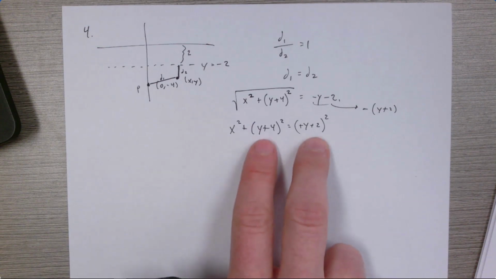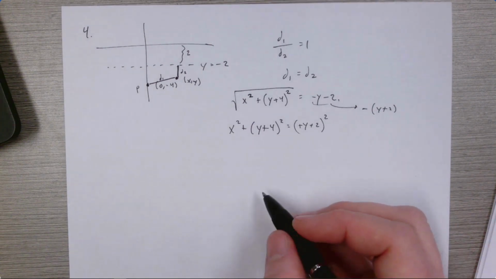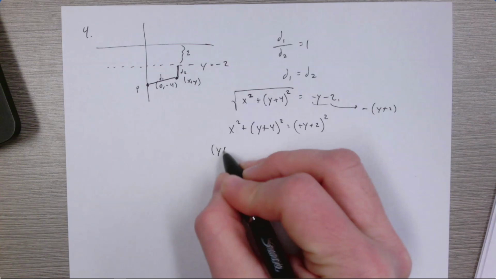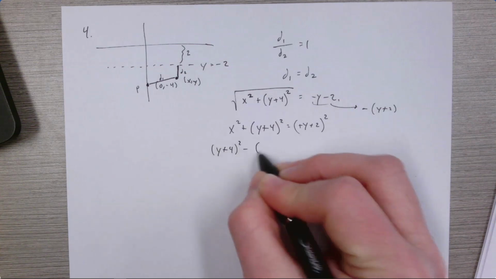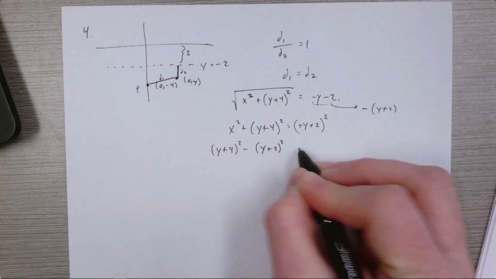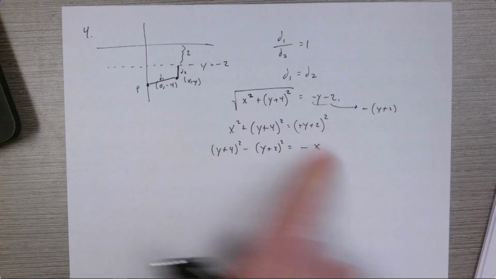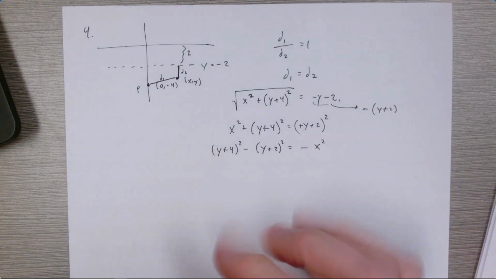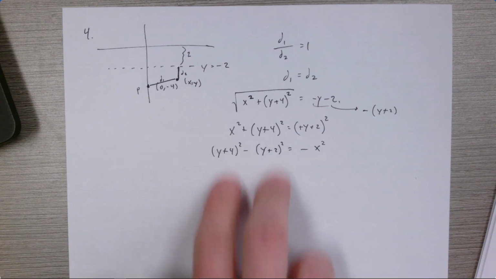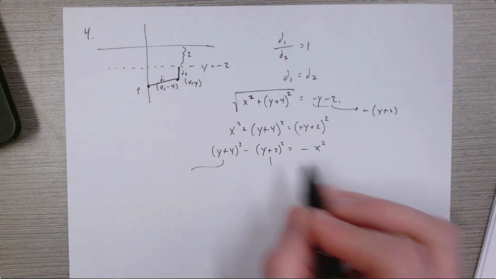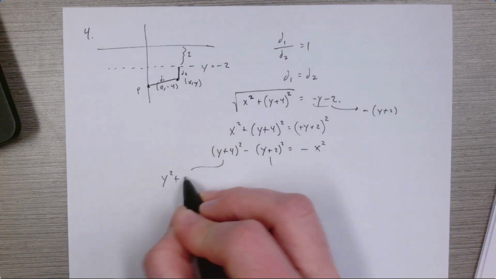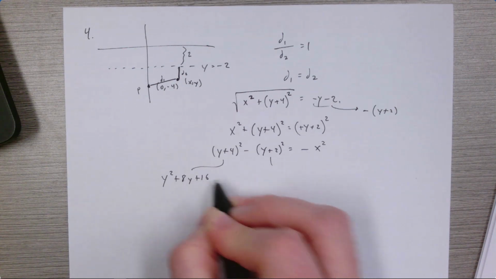So let's move all the y things to one side and the x things to the other side. So I'll have y plus 4 squared minus y plus 2 squared. And then I'll move the x squared to this side. And now you could do difference of squares here, but I'm in the practice of expanding it, so let's expand it instead. So y squared plus 8y plus 16.